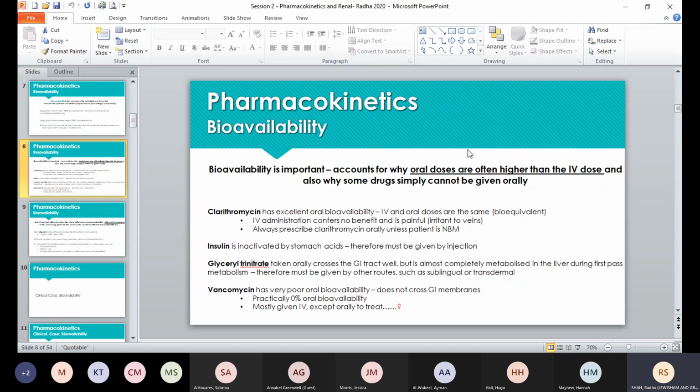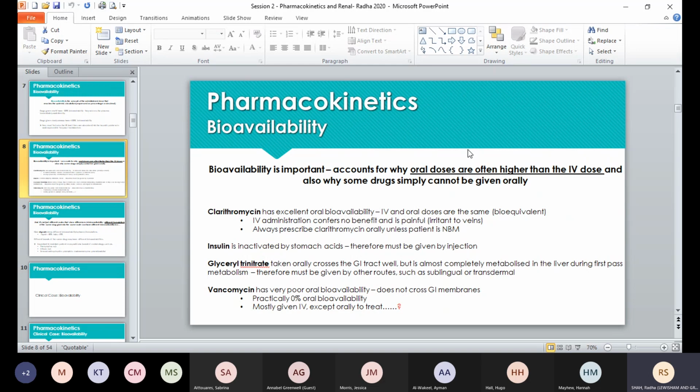Things like glyceryl trinitrate, so GTN, taken orally crosses the GI tract well, but it's almost completely metabolized in the liver, so during the first pass metabolism, and therefore, again, it's got 0% bioavailability, and that's why we give it through other routes. So, you know, when you tell them to spray it under the tongue, sublingually, or it can be given transdermally.